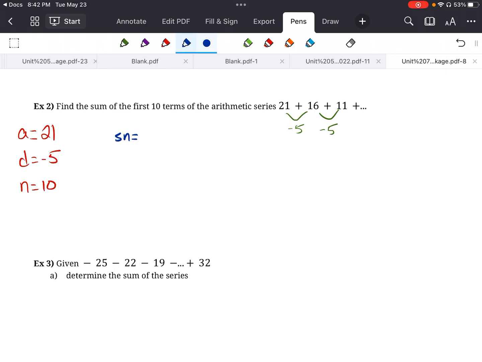Okay, because we don't know what Tn is, there's no ending point, we can't use the recursive sum formula. We have to use the general. Okay, so I'm not going to write out the actual formula here. We're just going to start plugging in our information because we've done the formula.